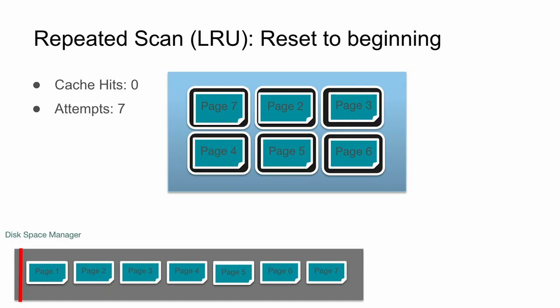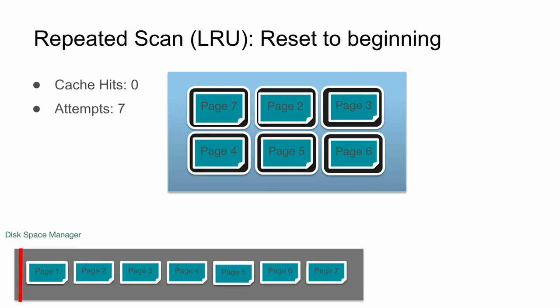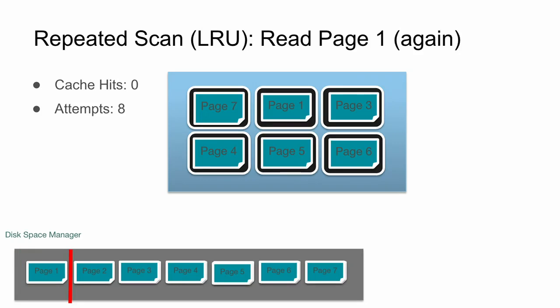Anyways, now we go back to page 1. Well, sucks. So we're going to bring in page 1 in the spot where least recently used was page 2. Great. Now I'm going to read in page 2. Uh-oh. Okay.